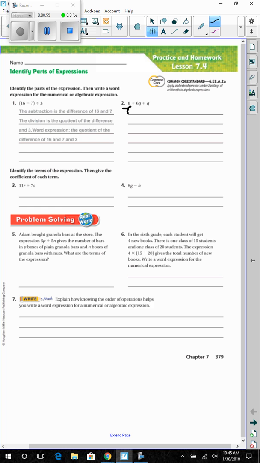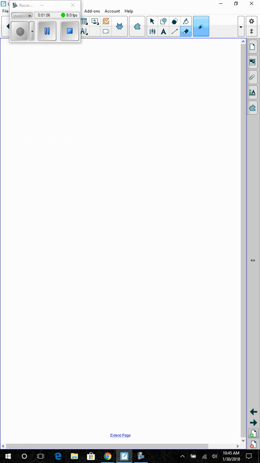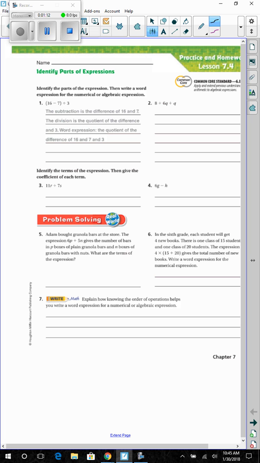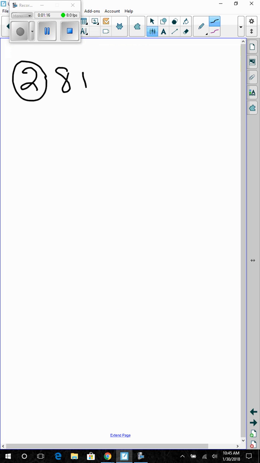So the expression, actually, I'm going to go ahead and write it on the other page. So this is the answer to number 2, which is 8 plus 6q plus q. This is number 2.